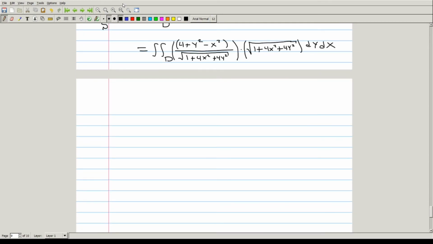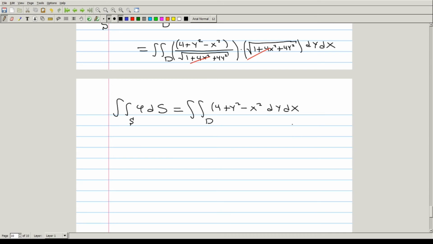And so we get a really nice cancellation here. And our surface integral over S becomes equal to the double integral over D of the function 4 plus y squared minus x squared.